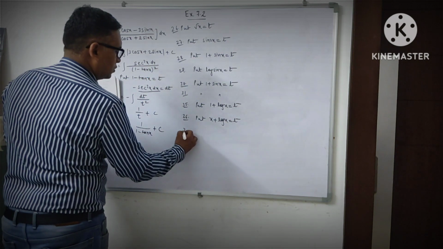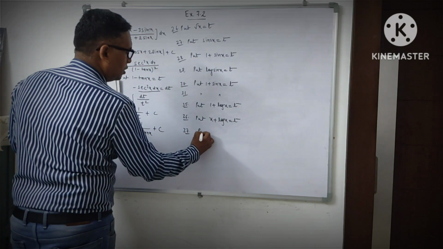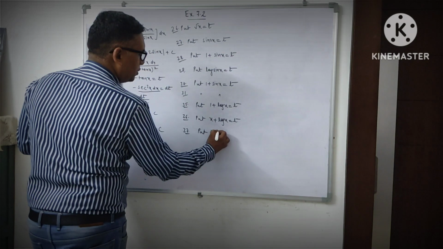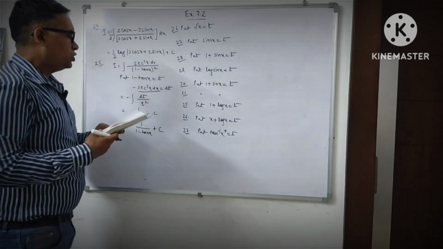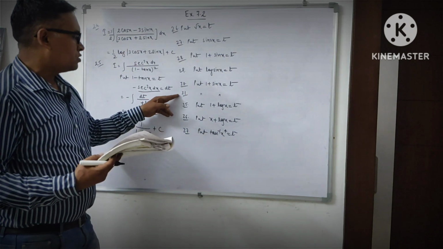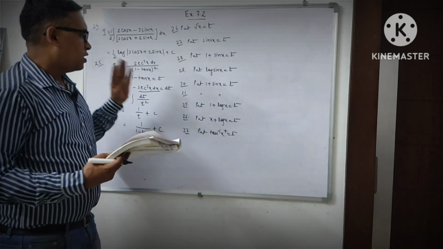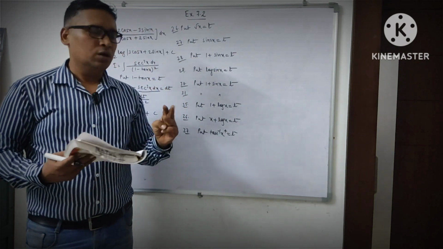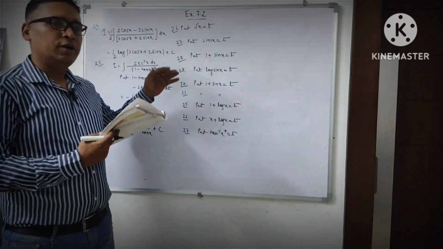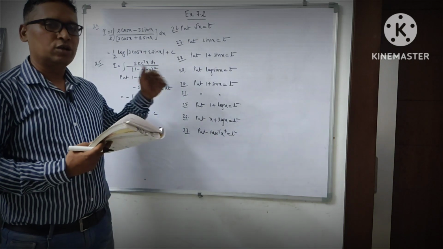Then in the 37th question, put tan inverse x to the power 4 equal to t. So children, after 31st I just switched over to 35th, so I have skipped 32nd, 33rd and 34th. Now I will explain them in detail.